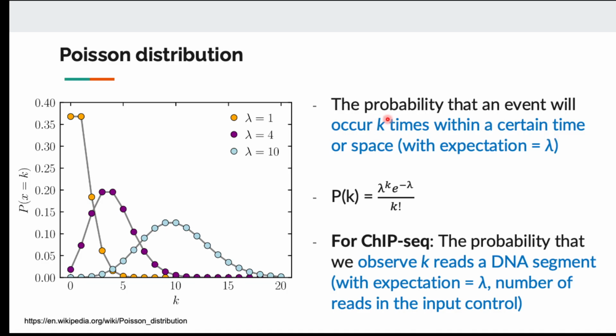But in your ChIP-seq sample, you see 100 reads. The event here is the sequencing. You see 100 reads in your ChIP-seq data, which means your sequencing occurred 100 times within this 100 base pair box. But in your control, where there's no immunoprecipitation, you have 10 reads.